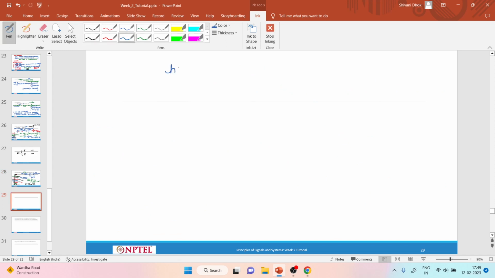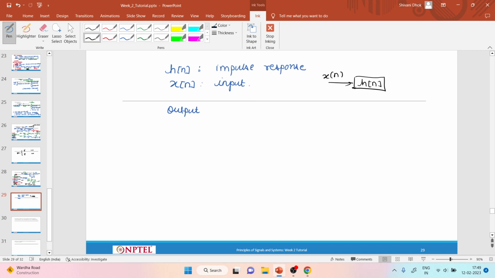If my impulse response is h of n, and x of n is my input, I'm having a system with impulse response h of n, its input is x of n, and its output is y of n.